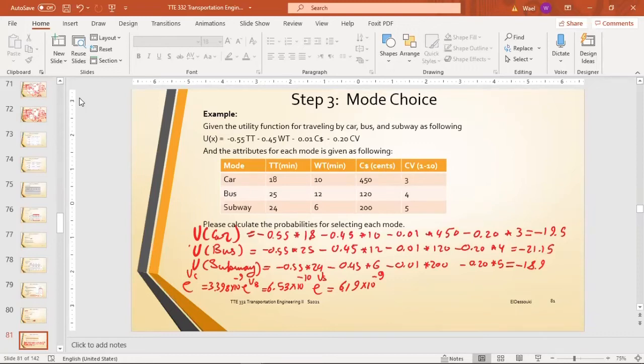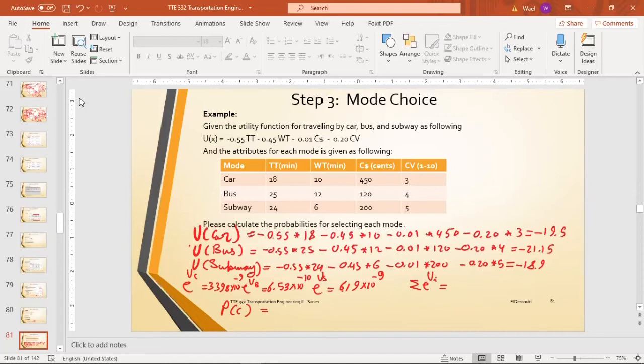So let's calculate the probability of using cars. Let's see the sum of e to the power U i. What is the summation for all these functions? It's going to be 6.53 E minus 10 plus 3.398 E minus 9.